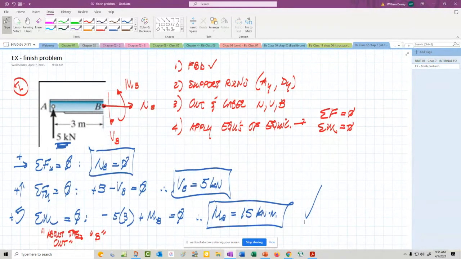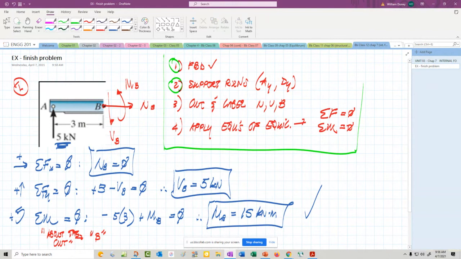So our steps again are to draw the free body, find the support reactions, cut and label, and apply the equations. That's really our process for solving them.